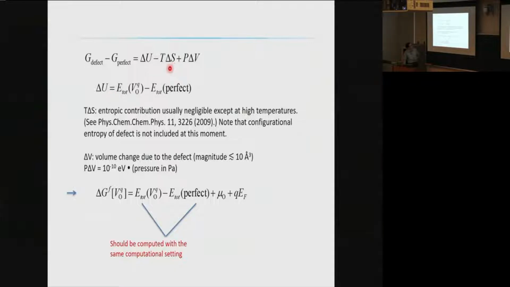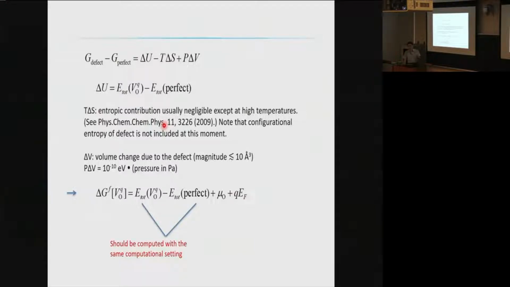Second, the entropy contribution. This is usually the entropy change between the perfect cell and the defective cell. At the moment, we are ignoring the configuration entropy of the defect. Creating the defect, or removing one oxygen, has various choices, so it has some entropy contribution itself.